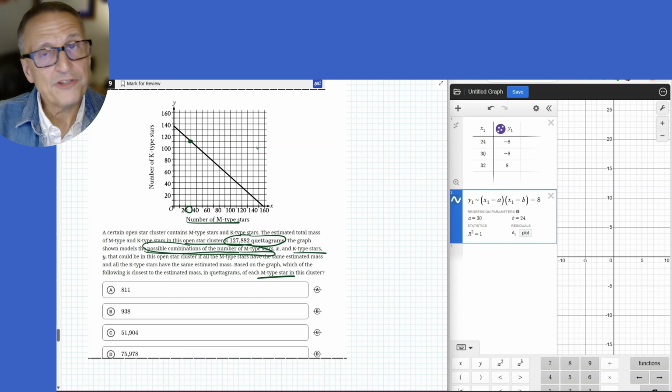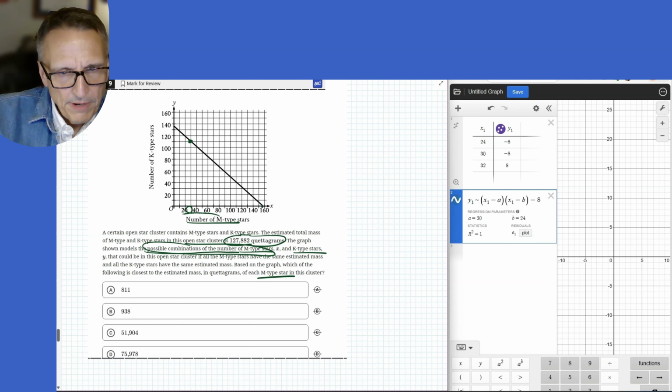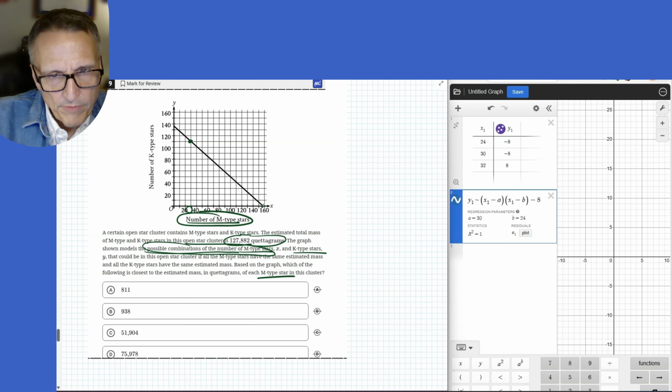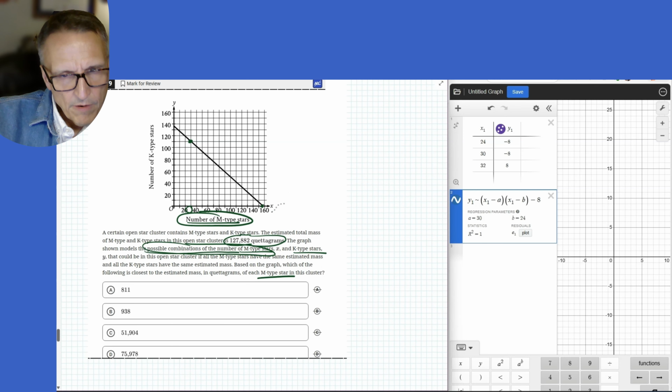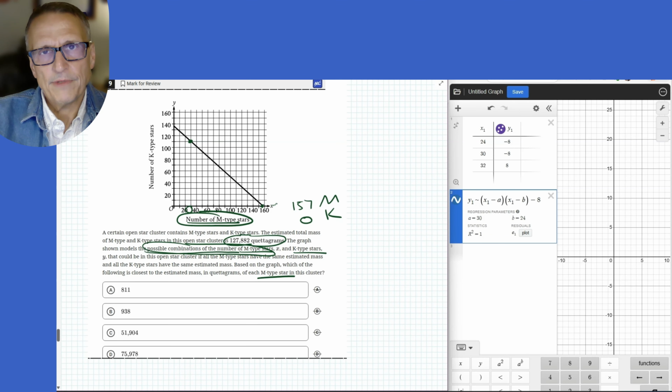Well, the combination that I want to use is this one down here at the x-intercept, because this is my number of M-type stars on the x-axis. That point right there, the x-intercept, says if there are about 157 of the M-type stars, there would be at the same time none of the K-type stars, because that point right there is 157, 0.